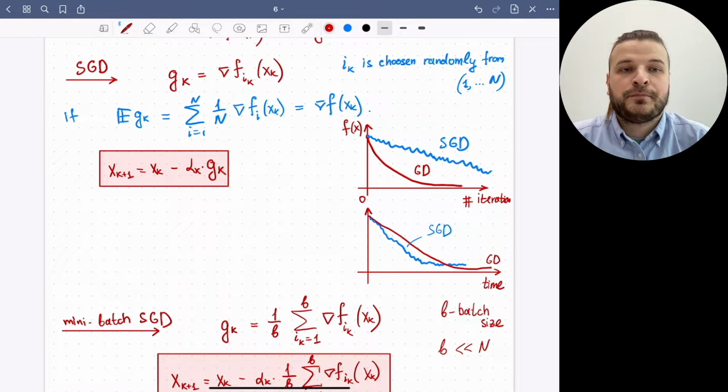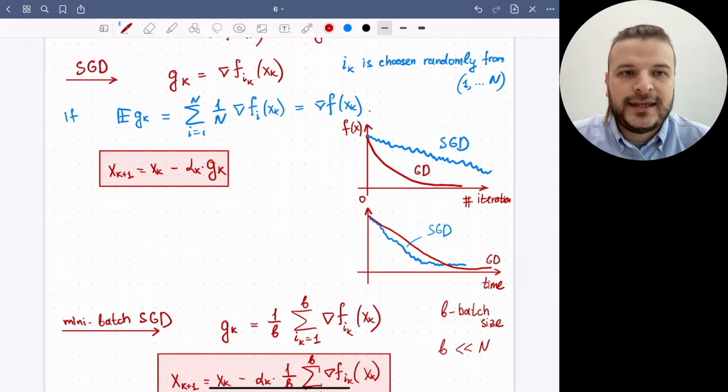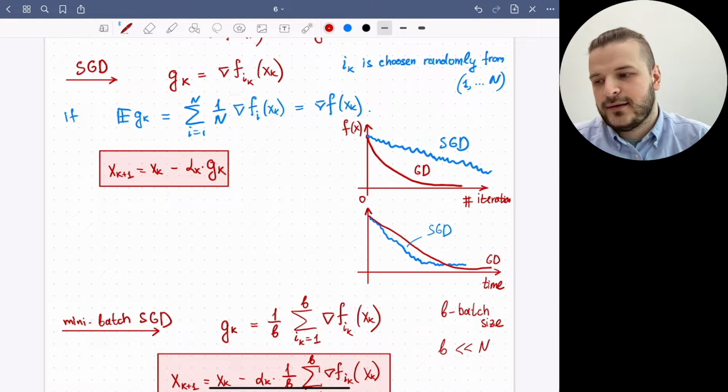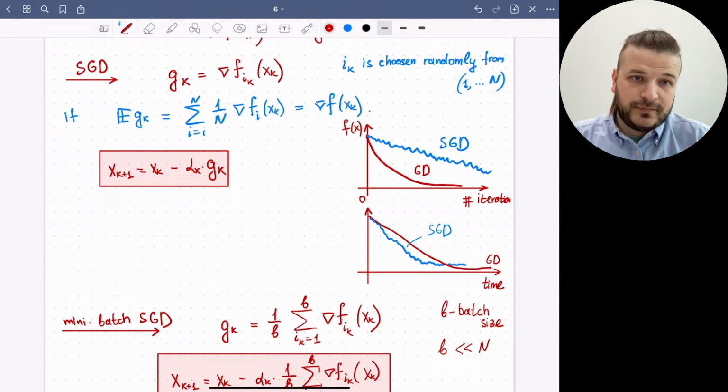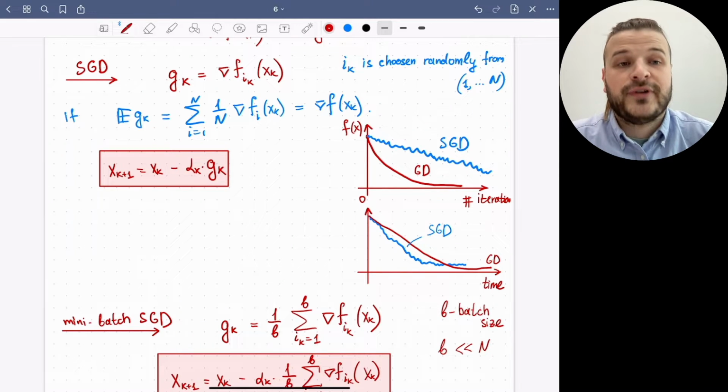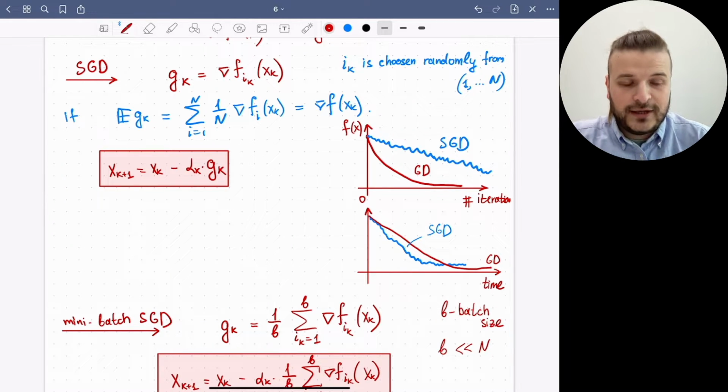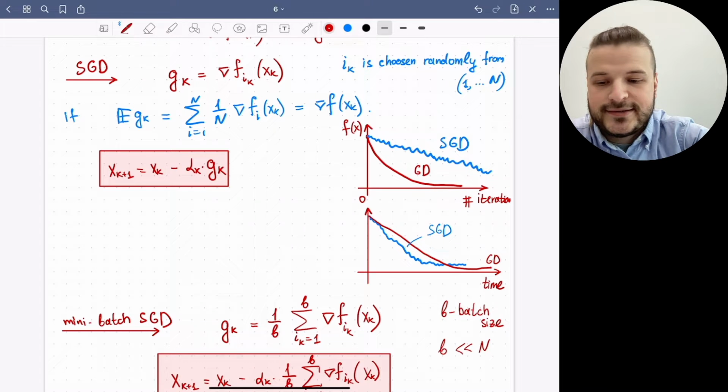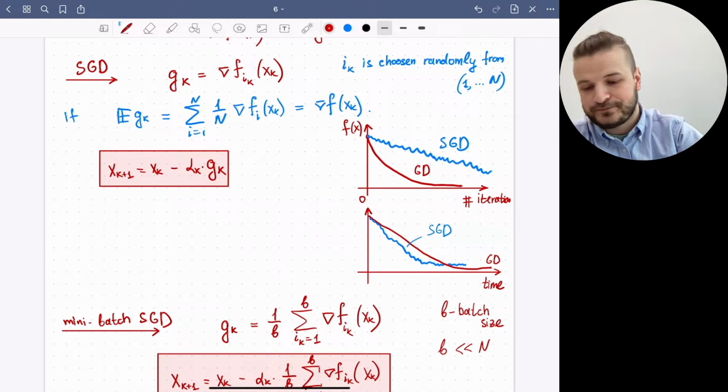That means that parallelization gives us a free lunch here. By free lunch, I mean in terms of time which is spent to calculate the stochastic gradient. Okay.